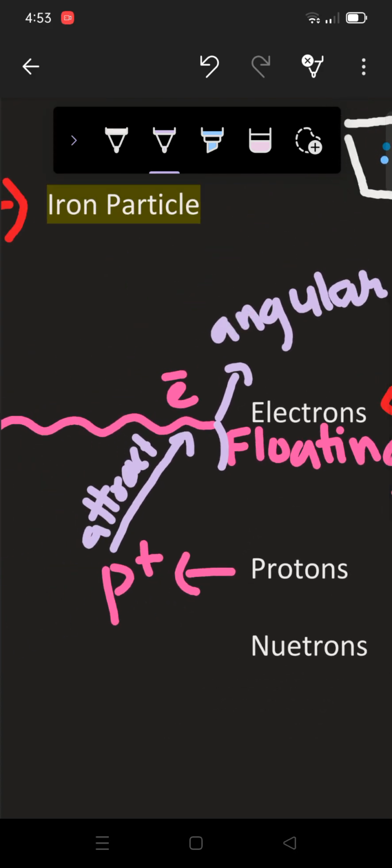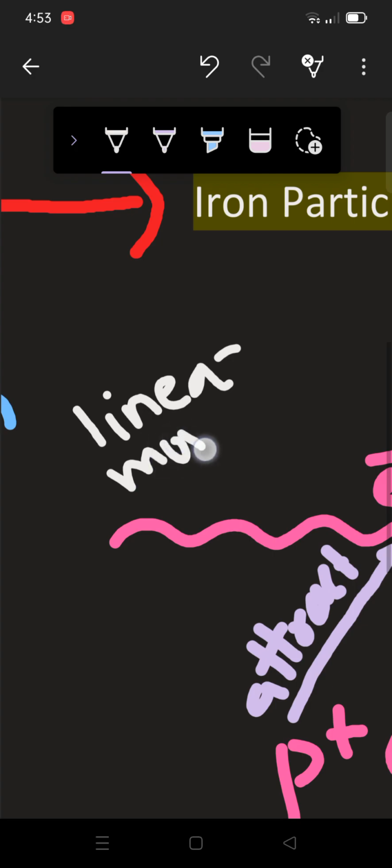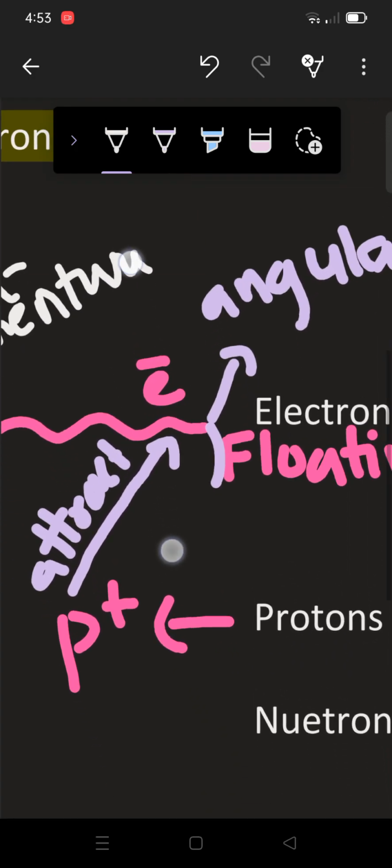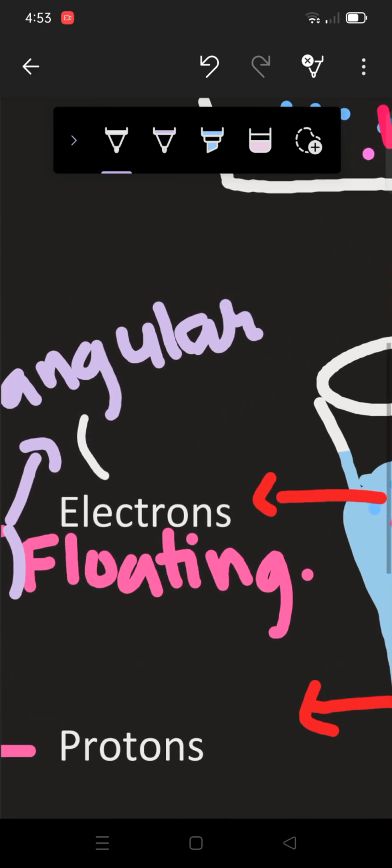Initially it had a linear momentum. After the proton's force on the electron, it has got angular momentum.